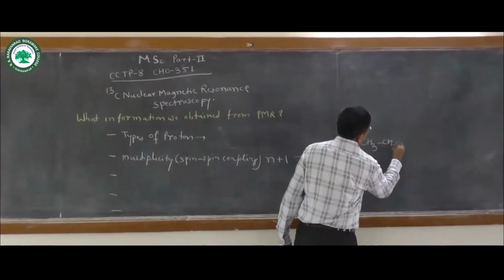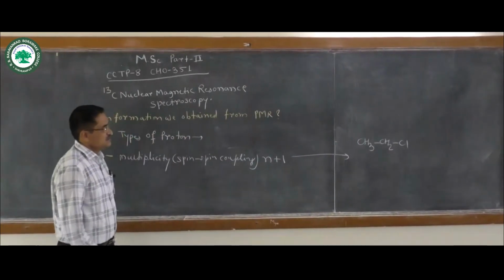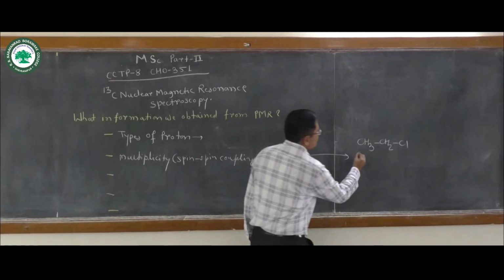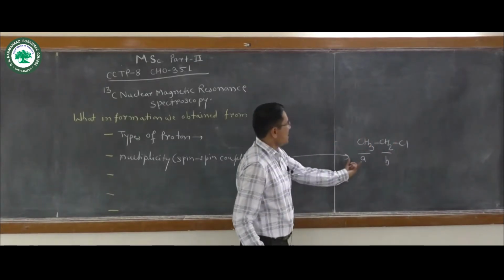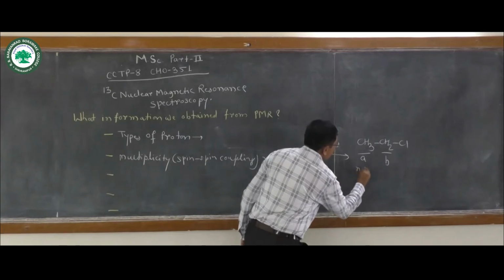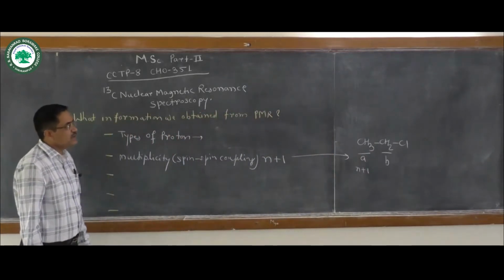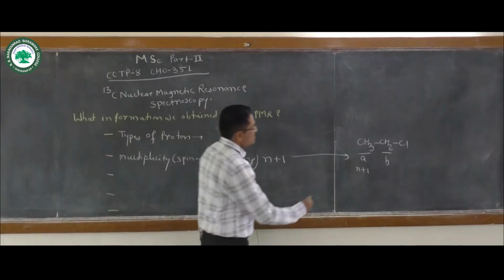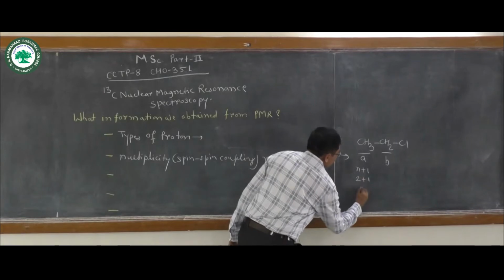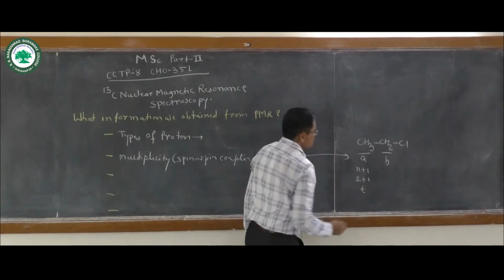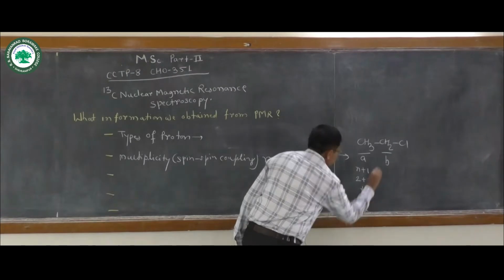Suppose we take an example here, again chloroethane, with A and B, and we apply the formula n+1, where n is the number of neighboring protons. Here the neighboring protons are 2, plus 1, and hence it gives a triplet, and the signal looks like this.